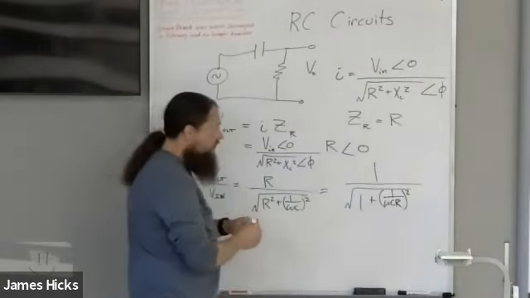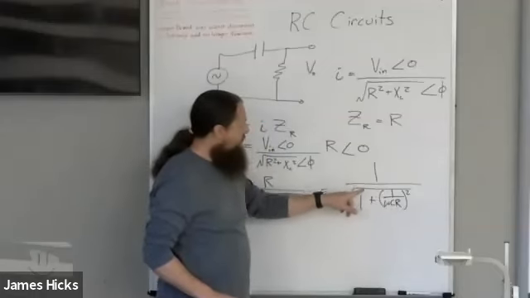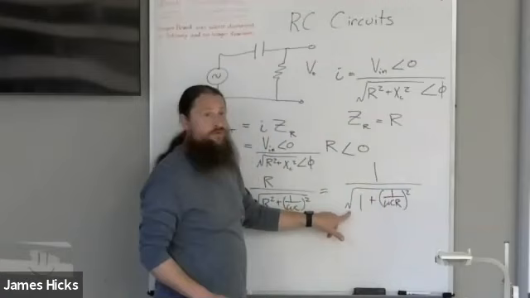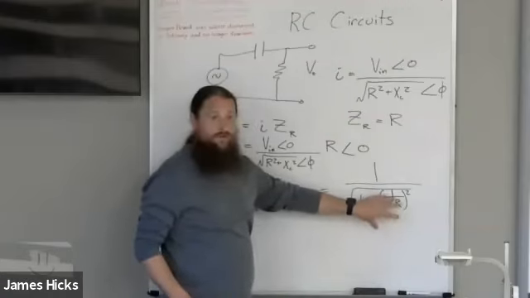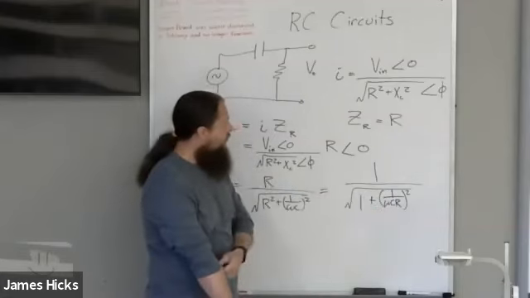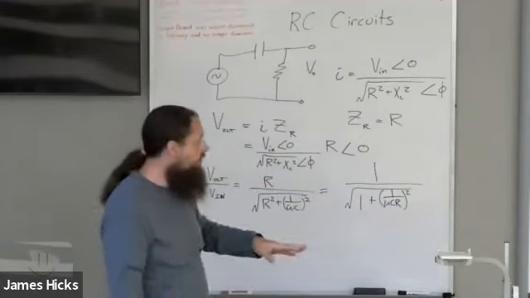It looks like 1 over 1 plus this. So in the denominator, it's a square root of 1 plus 1 over omega CR whole squared. And this should work exactly the opposite of what the low pass filter did.